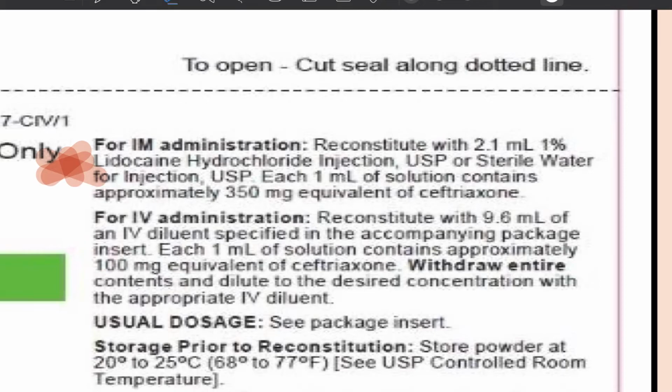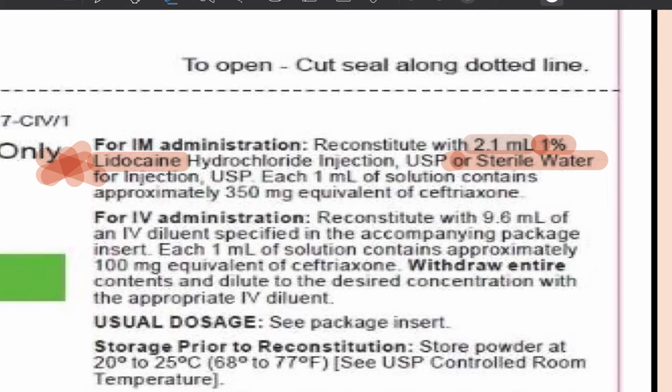We read our label: reconstitute with 2.1 milliliters of 1% lidocaine or sterile water. So first answer, 1% lidocaine or sterile water. Our next question, how much diluent are we going to use? Right here it tells us 2.1 milliliters.